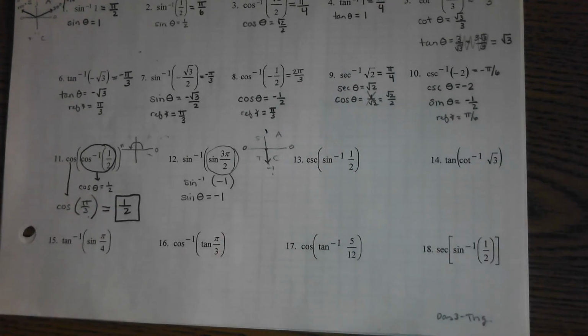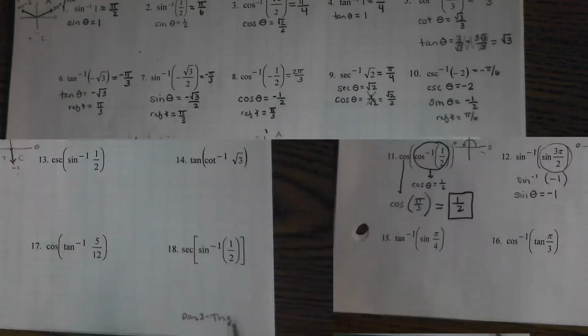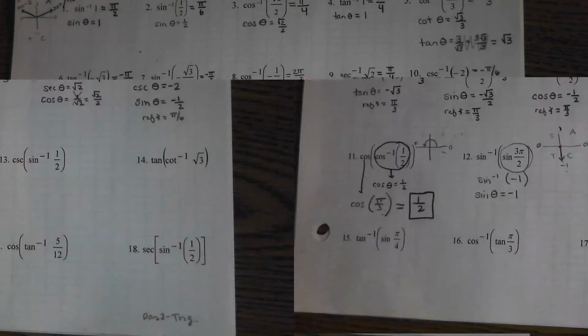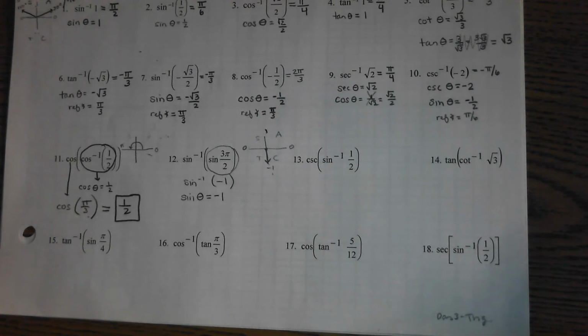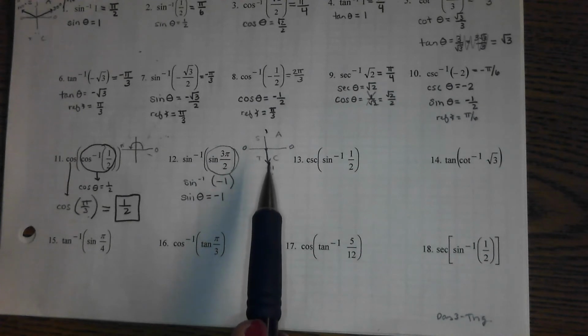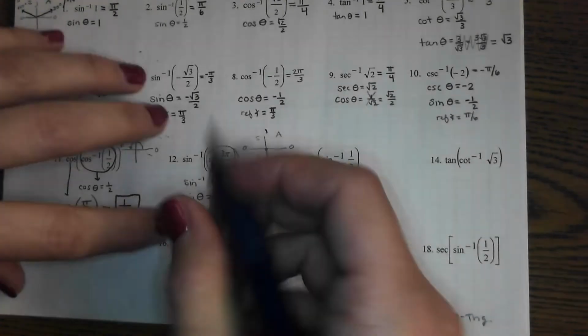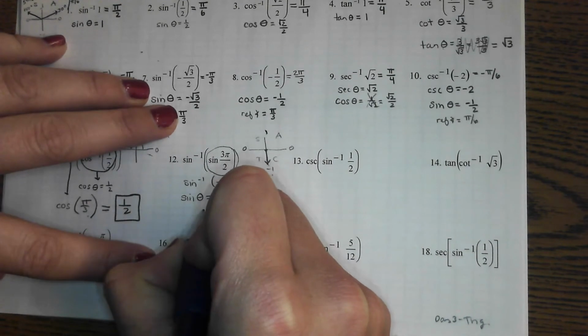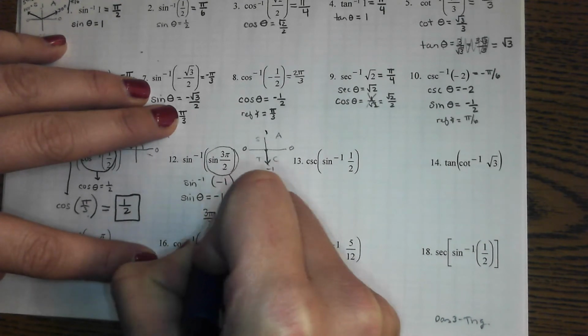So we know whatever we choose has to have a reference of pi over 2, right? It's not exactly pi over 2 because that's +1. The only other angle that has a reference angle of pi over 2 is 3 pi over 2. That is what the sine of that is -1. So 3 pi over 2 is your answer.